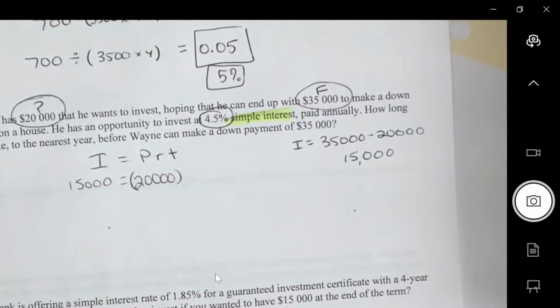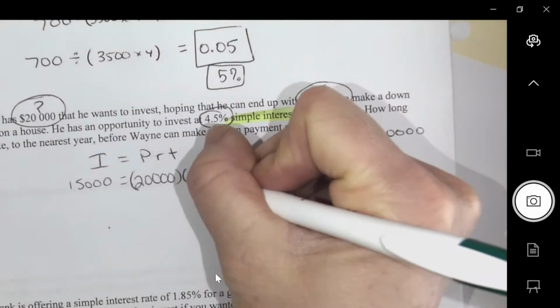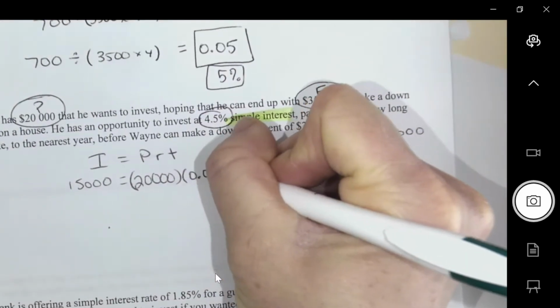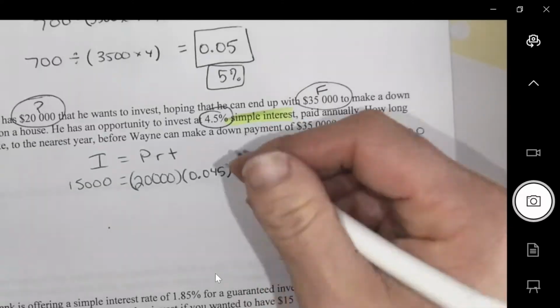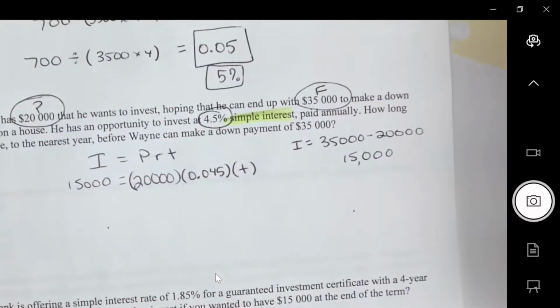Next is 4.5% rate. So we have to change that to a decimal in this formula. If you feel like you're going to make mistakes, just type it in your calculator and divide it by 100, if you are scared about moving the decimal 2 places. How long will it take to the nearest year? So that's the time.